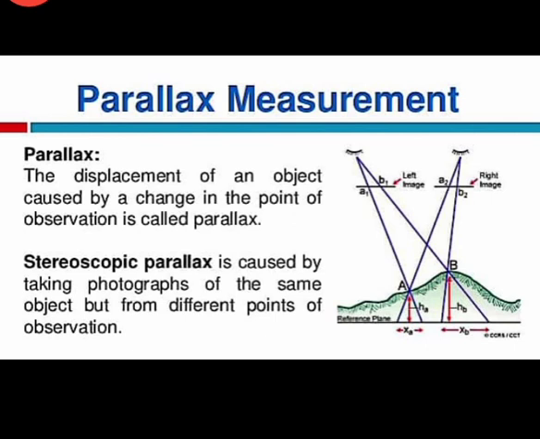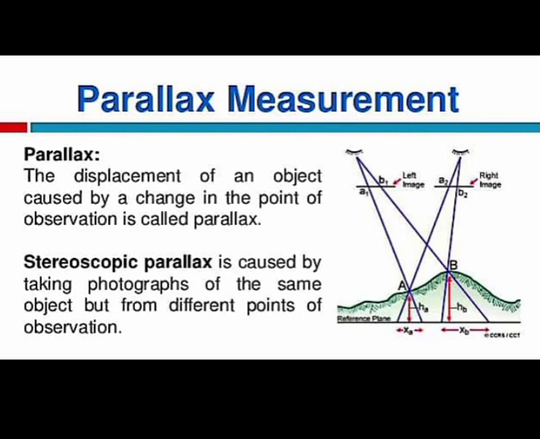Now you should understand what parallax is first, right? One of the advantages of aerial photogrammetry is that when the photograph is taken as an overlapping pair, that is a stereo pair, they can provide a 3D view of the terrain, right? The 3D view is made possible by the effect of parallax.